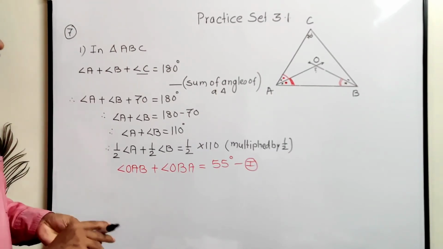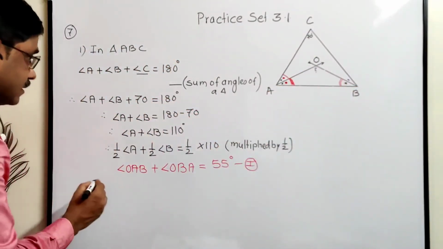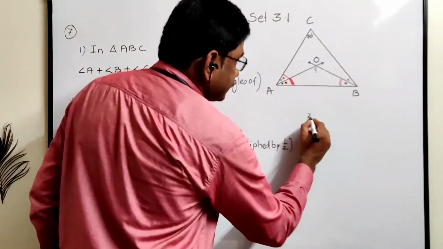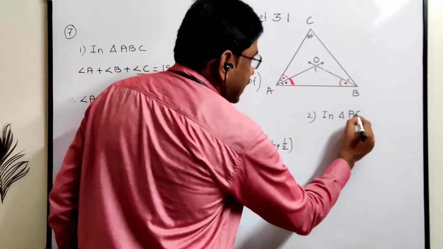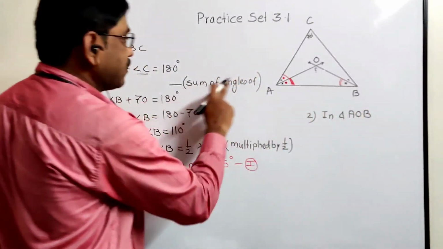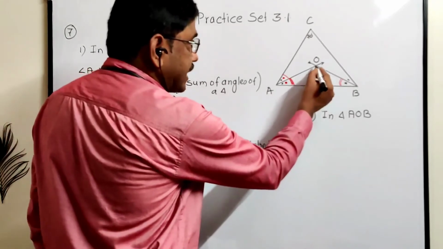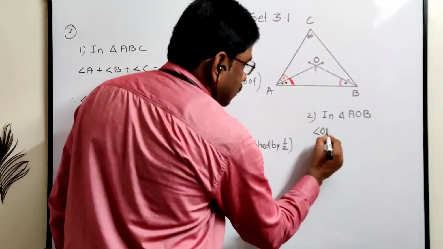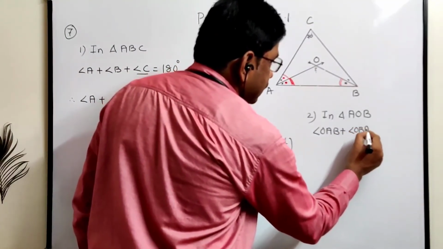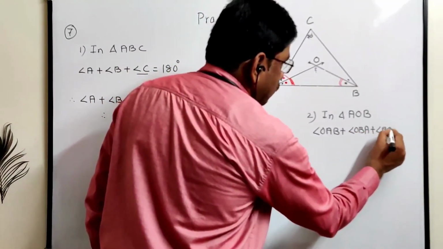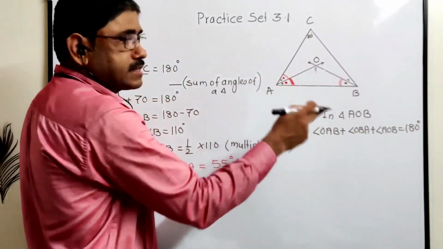Now the second point is, if we consider this triangle AOB, in this triangle, second point I am writing here, in triangle AOB, same property we have to use. Sum of all angles of a triangle is 180 degrees. So here we can write, angle OAB plus angle OBA plus angle AOB is equal to 180 degrees, and we can write the reason, same reason.